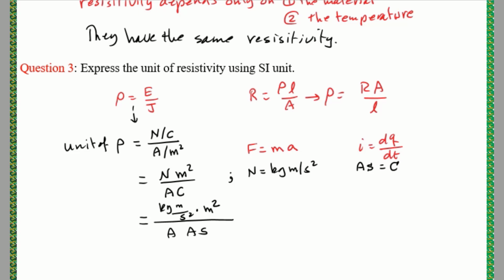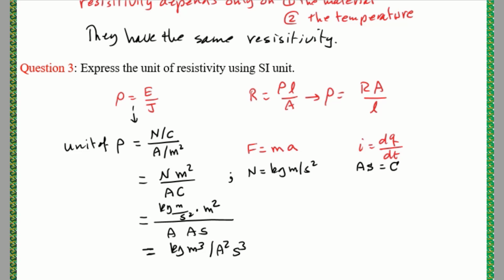Now deal with these units. We'll find kilogram meter cubed over ampere squared second cubed. That's it.